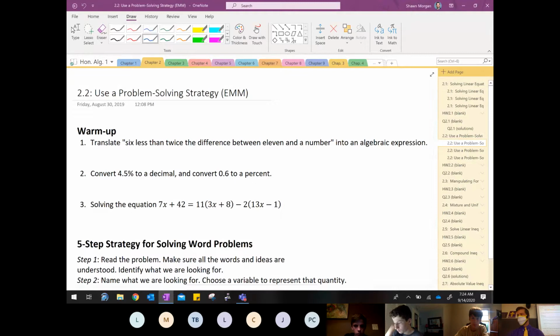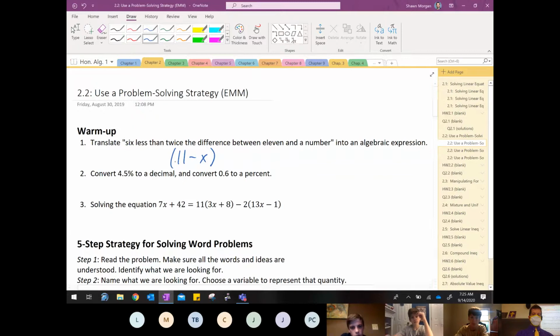I put 11 minus x in parentheses, and then a 2 on the left side, and then a minus 6 on the right side. All right. Thank you, Charlie.